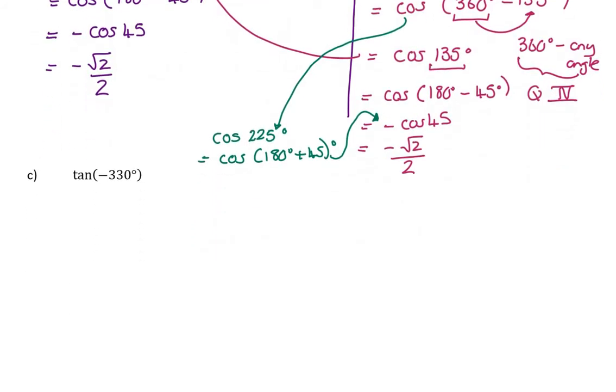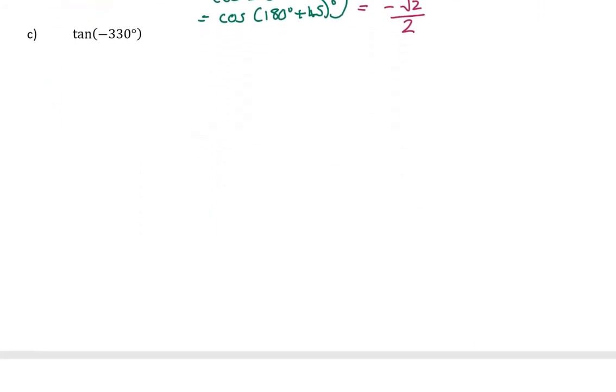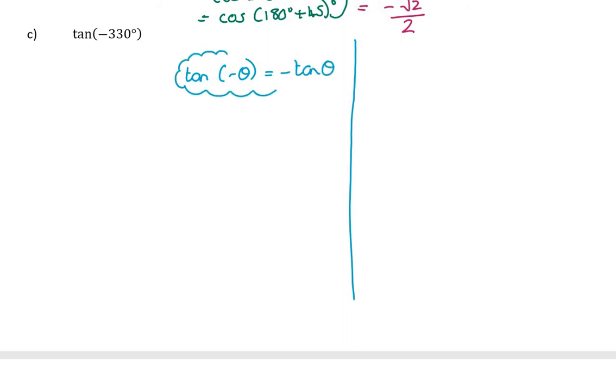So if I look at this next one, again, I'm going with my two different ways of doing it. The first way is remembering the fact that tan of a negative angle is the same as negative tan of that angle. That's what we learnt in the beginning of today's video. So some people will look at this and say, okay, so this is negative tan of 330 degrees.